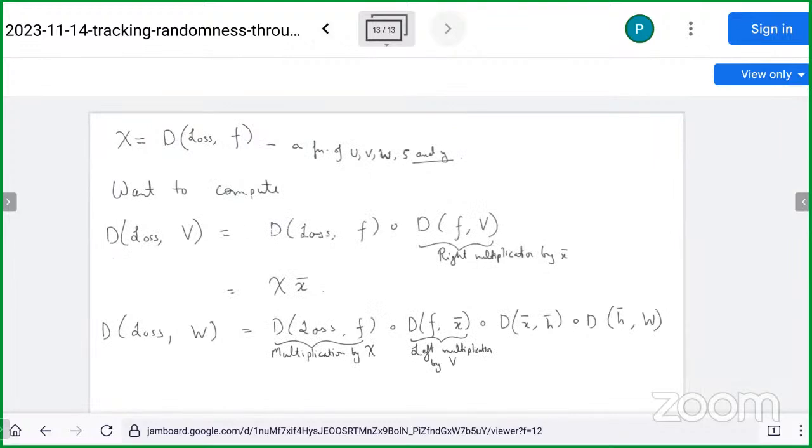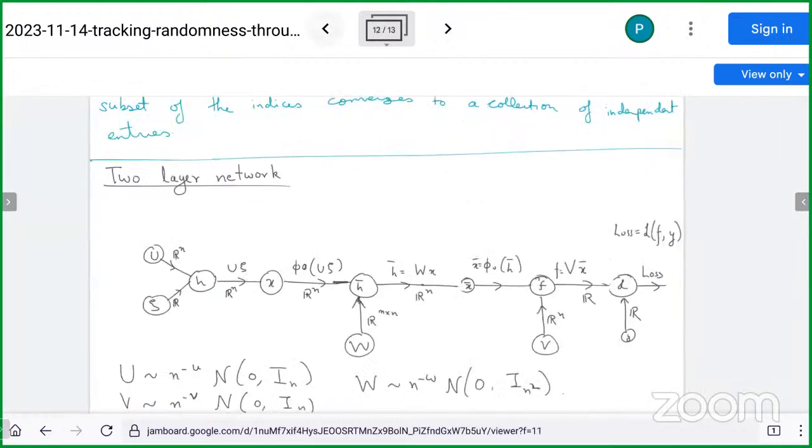What about this x bar? It is entry-wise multiplication by phi prime. It's just phi prime of x bar. Phi prime comes to apply entry-wise on x bar. That's what it is.